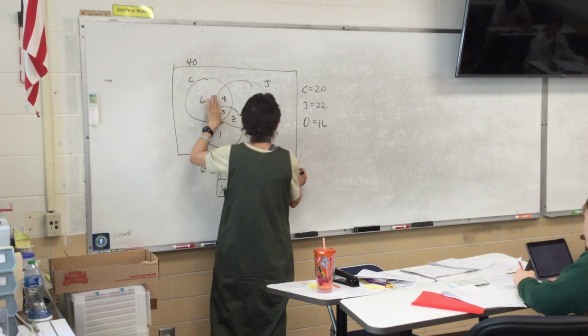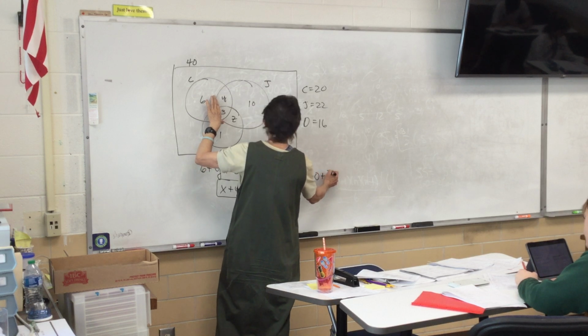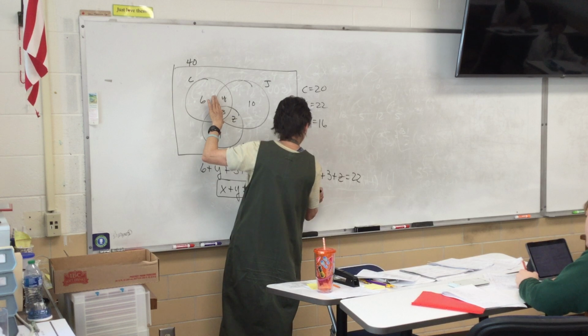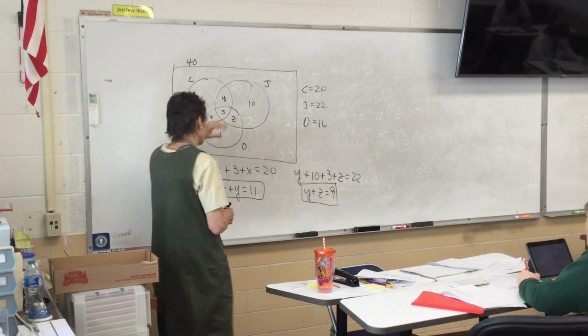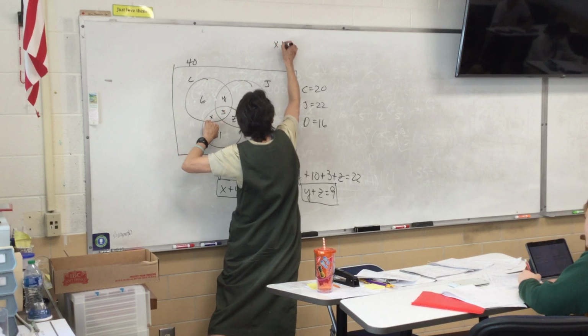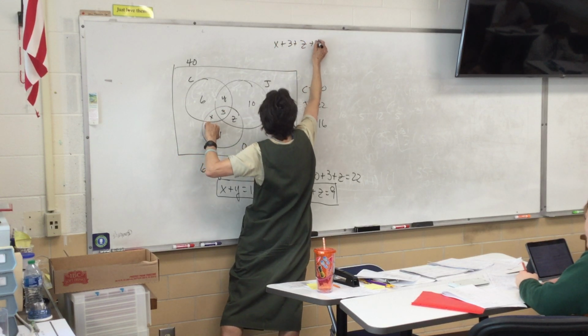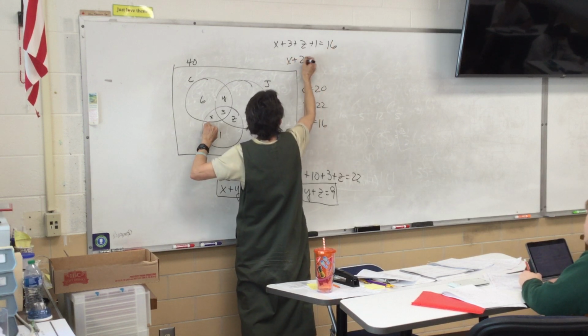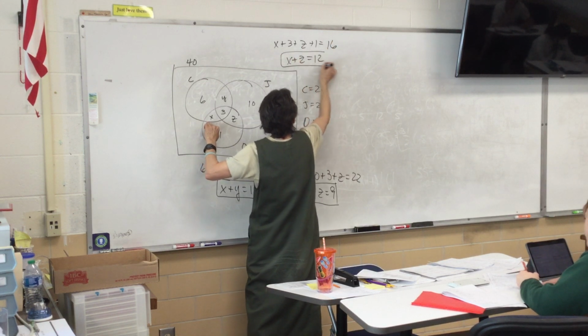Similarly, Y plus 10 plus 3 plus Z has to add up to 22, so Y plus Z has to add up to 9. Keep an eye on my arithmetic. And X plus 3 plus Z plus 1 has to add up to 16, so X plus Z has to add up to 12.